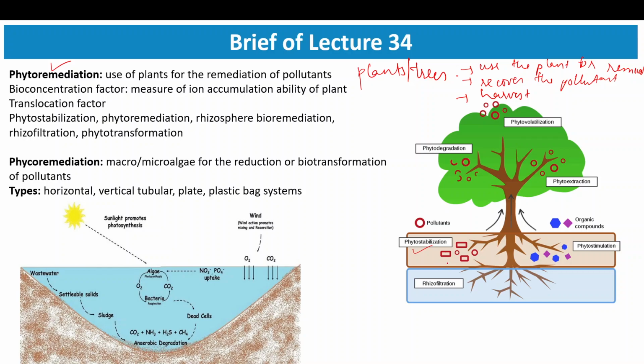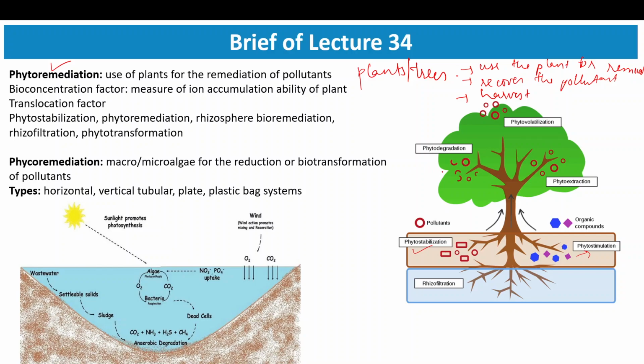Then there can be phytostimulation, where the roots of the plant take up the pollutant and it goes upwards and is further transported to the stem and leaves, where it is stored.